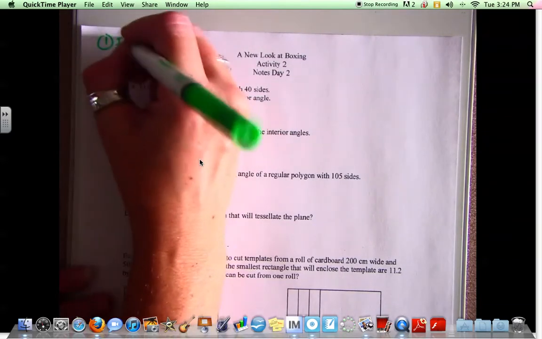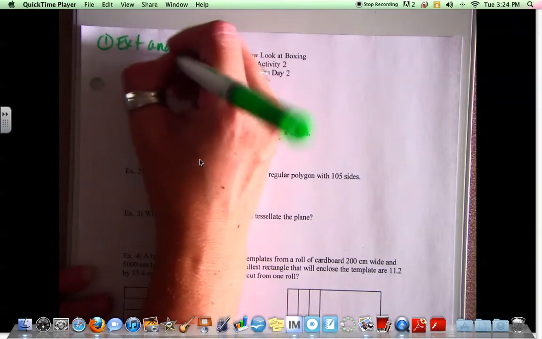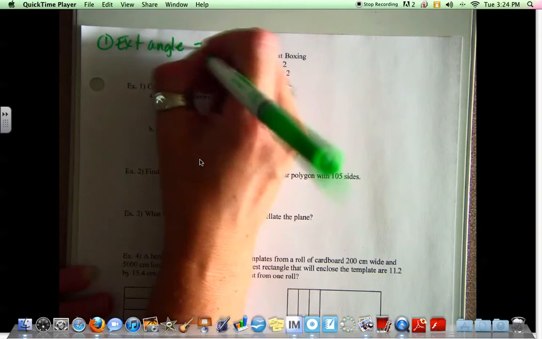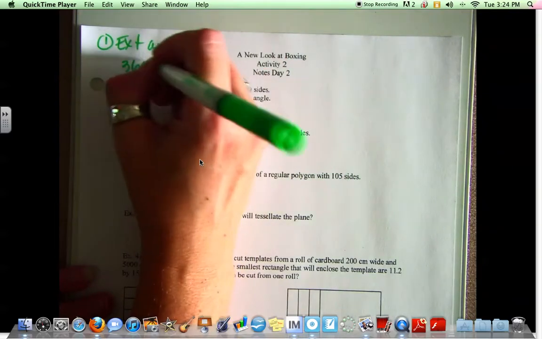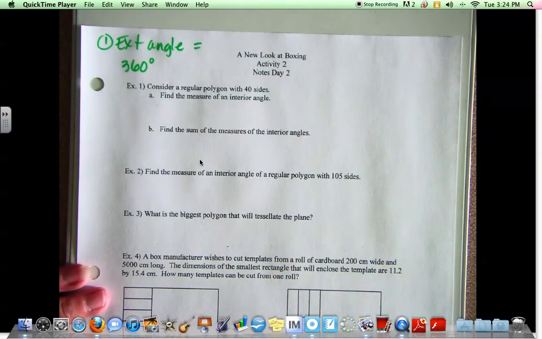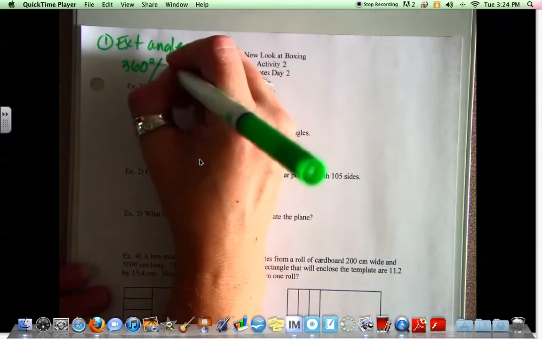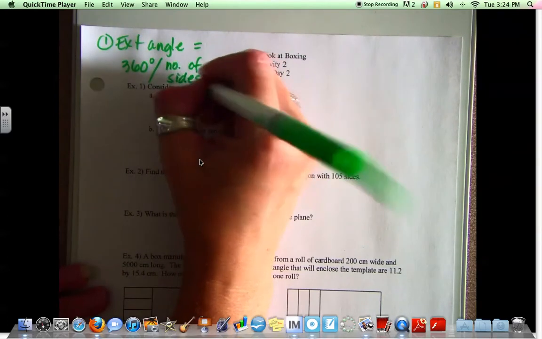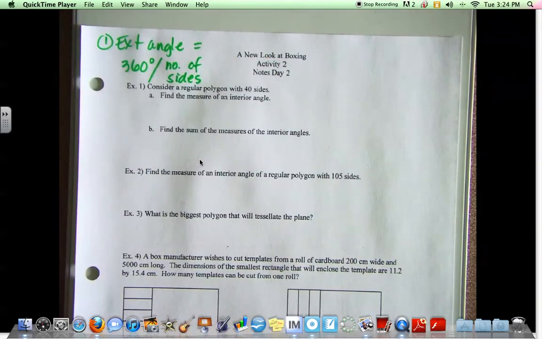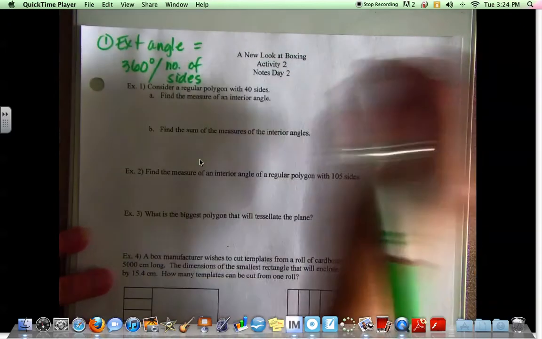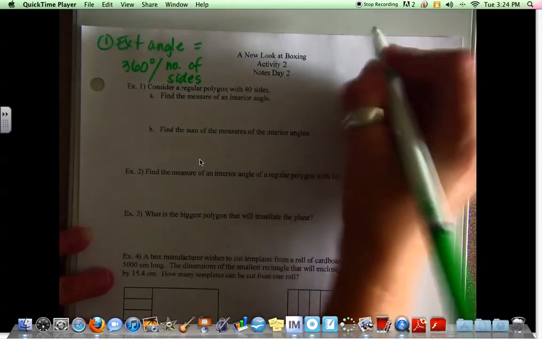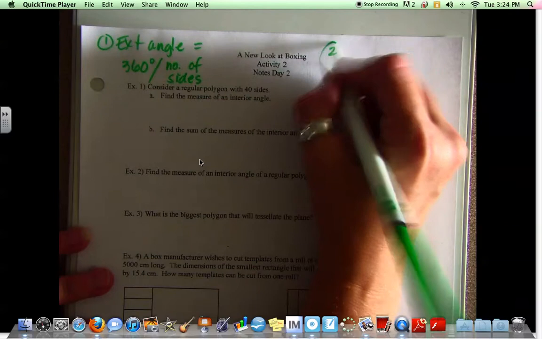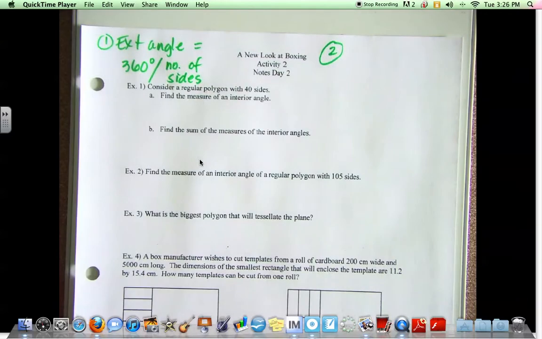So the exterior angle can be found by taking 360 degrees, because that's all the way around the shape, and dividing it by the number of sides. The interior and exterior angles form a straight line, so they total 180 degrees.